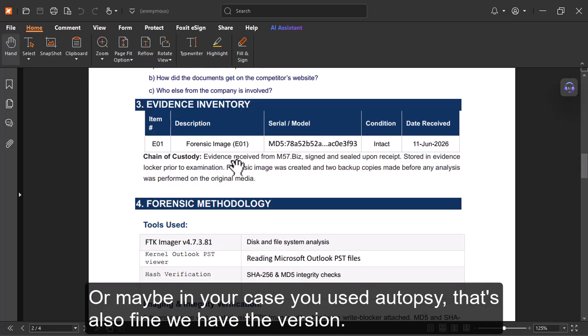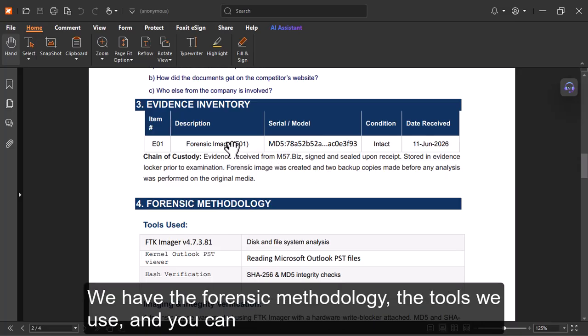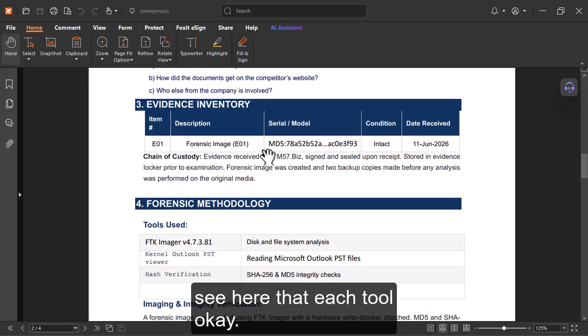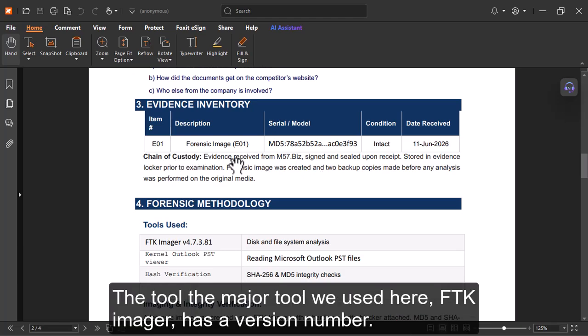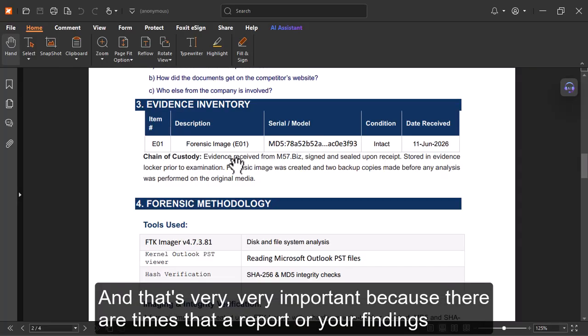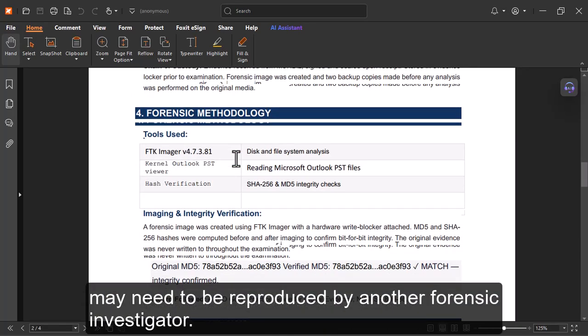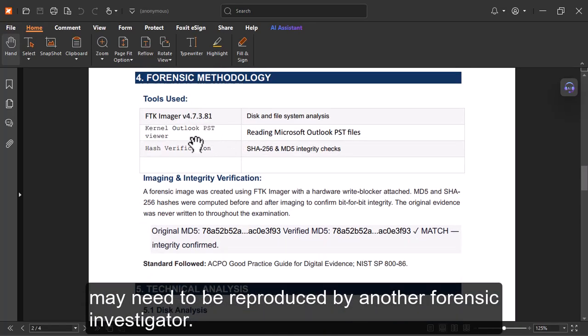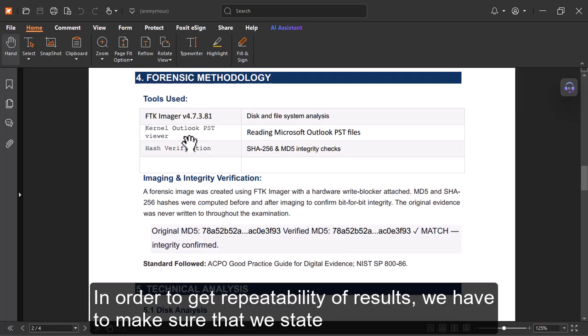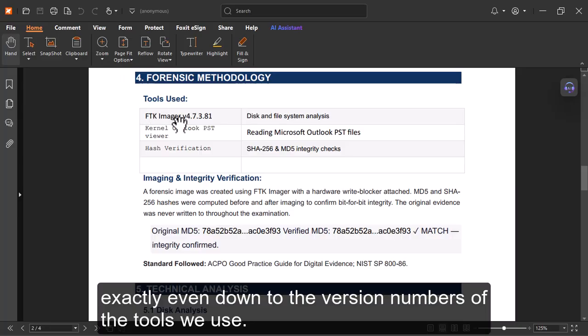We have the version, we have the forensic methodology, the tools we used, and you can see here that each tool, the major tool we used here, FTK Imager, has a version number, and that's very, very important because there are times that a report or your findings may need to be reproduced by another forensic investigator. In order to get repeatability of results, we have to make sure that we state exactly, even down to the version numbers of the tools we use.